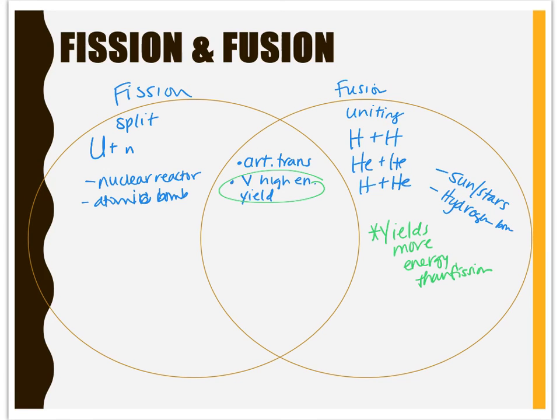But the reason why they can't use hydrogen fusion reactors is because it gives off so much energy. It's actually really difficult to control the process. So nuclear reactor with uranium fission is easier to control, if you could believe that, than a fusion reaction. But those are basically the similarities and differences between them.